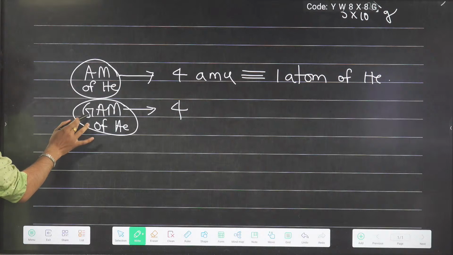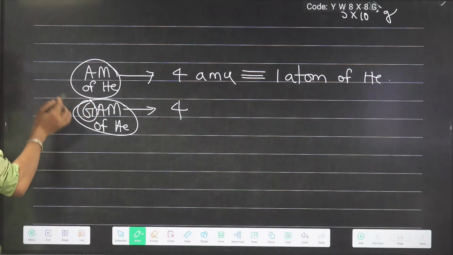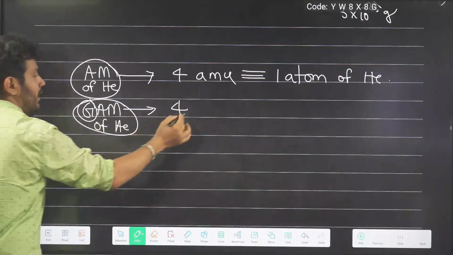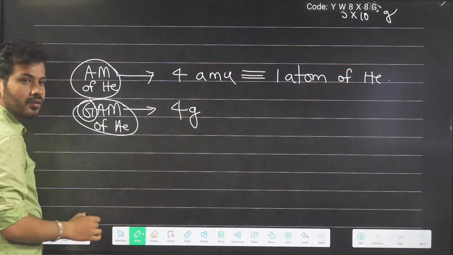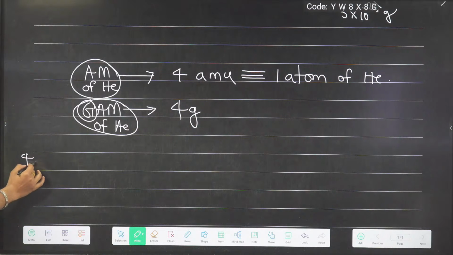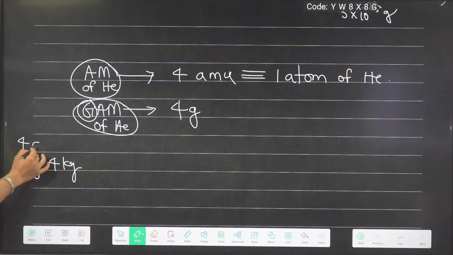But since the word gram is there, gram atomic mass, we will write the same atomic mass value, but instead of AMU, we will write the unit as gram. Now, do you think 4 AMU and 4 gram are same? Guys, 4 gram, 4 kg, do you think they are same? They are not, right? They are different units of mass. The same way, 4 gram and 4 AMU are also different.